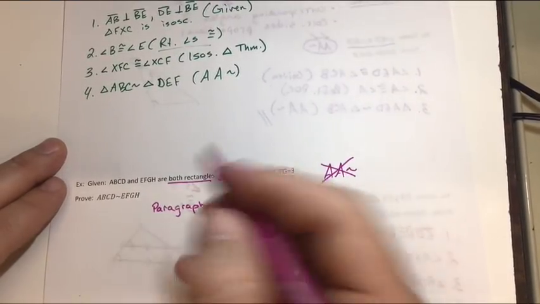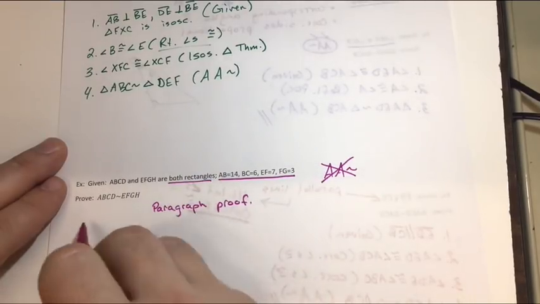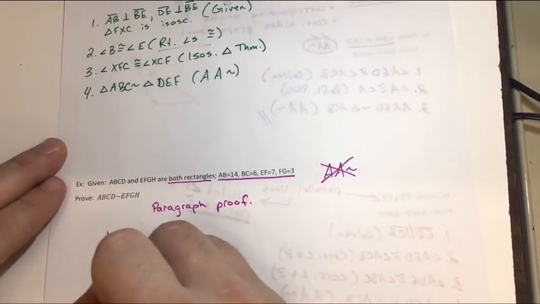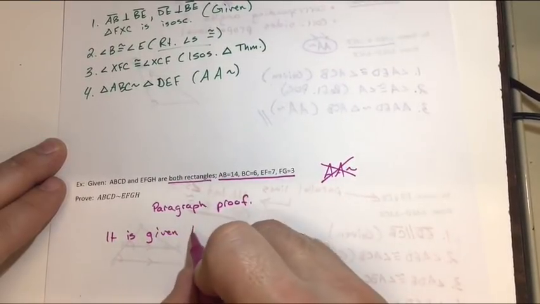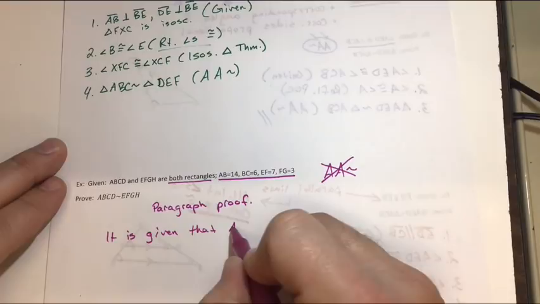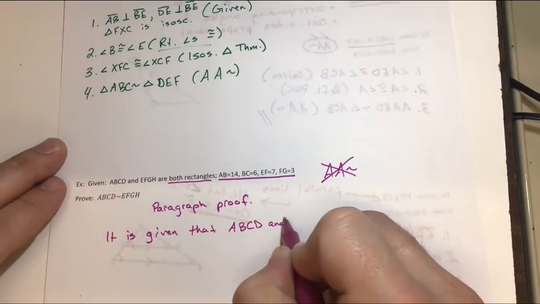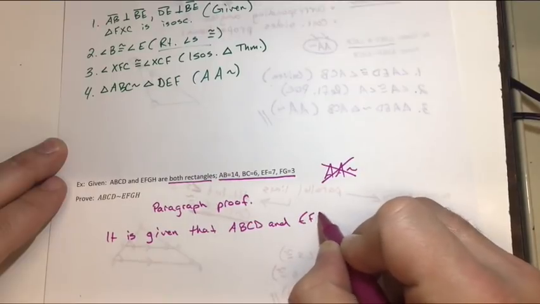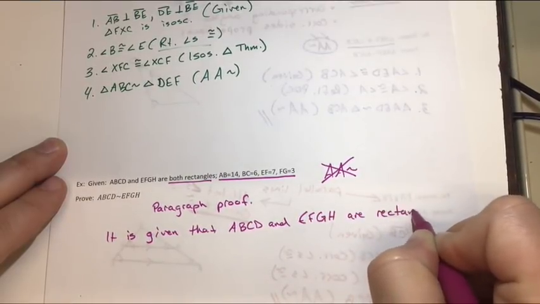And we're basically going to write out our proof in words. So we're going to just start off with stating what is given. We're going to state our proof like this. It is given that ABCD and EFGH are rectangles.